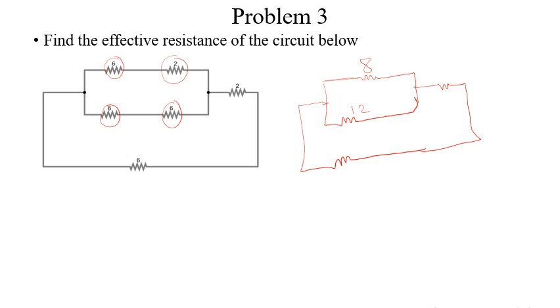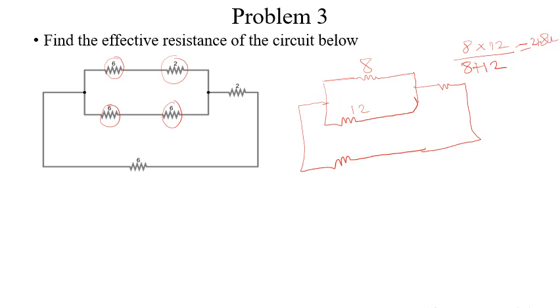So resolving, we have 8 times 12 all over 8 plus 12, which is equal to 4.8 ohms.